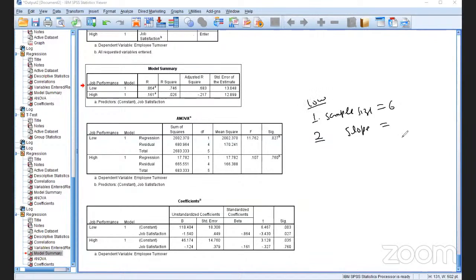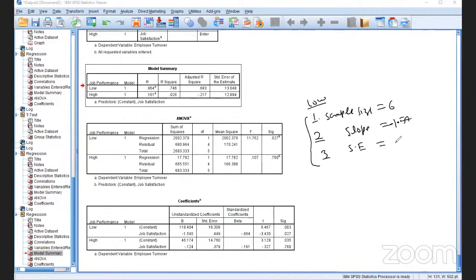These are the 3 values of the low performers. We will use these values to check whether the slope is significantly different or not.